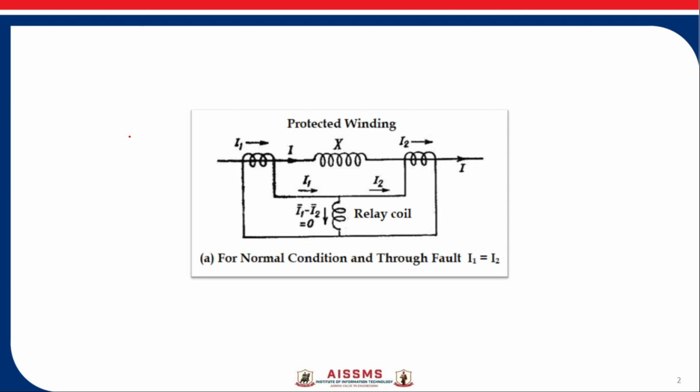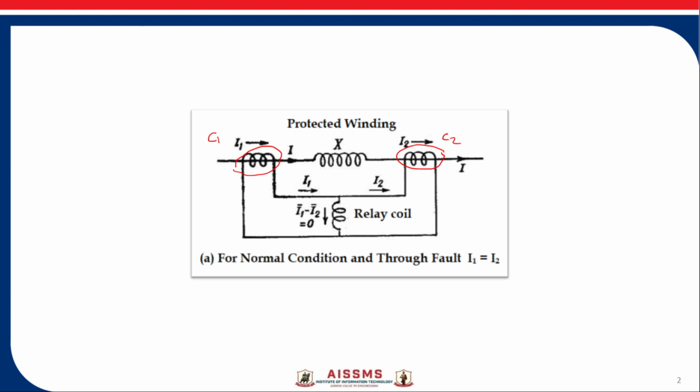So let us see how two CTs, let us consider them as C1 and C2, are connected to this protected winding as well as this relay coil. The figure shows an arrangement of an overcurrent relay connected to operate as a differential relay.